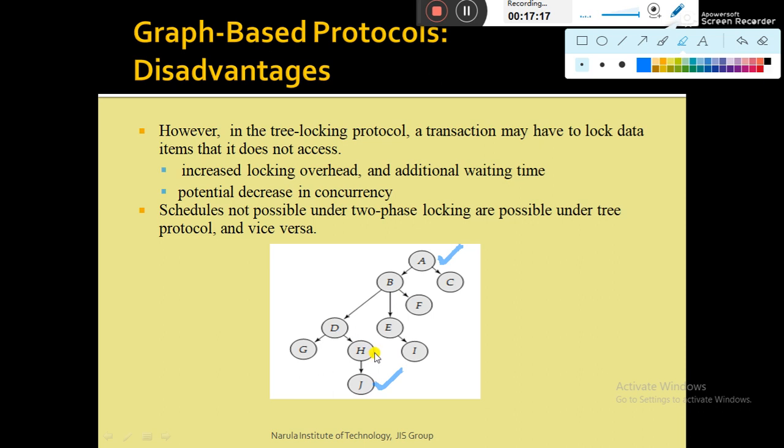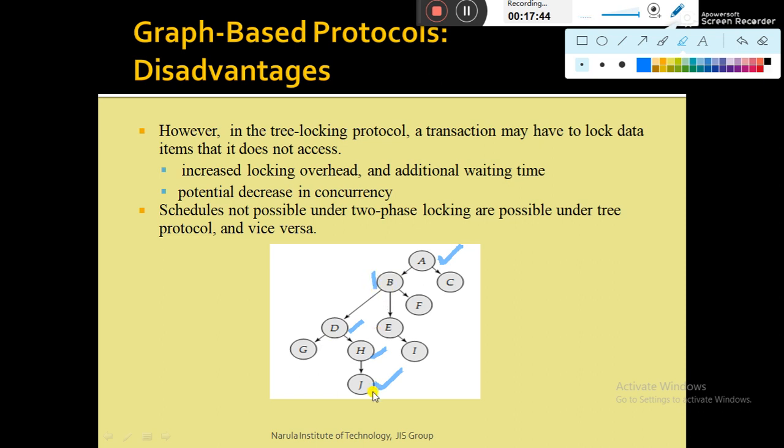So H needs to be locked, though it is not required. Now to access H, you need to lock the parent of H, which is D. So again D needs to be locked, which is not required. Now to lock D, the parent of D must be locked, which is B. So again B needs to be locked, which is not required.